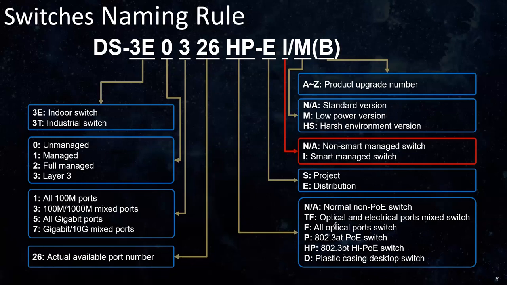PoE also separates into two areas, normal standard PoE or high PoE, and whether any optical or electrical ports are involved, and whether this model is suitable for project or distribution. And of course, whether it is a low power version or harsh environment. So there is very rich information that you can get if you have a clear idea of what these numbers and letters stand for. So with that, Varun, I think we can proceed to our next segment of the training.